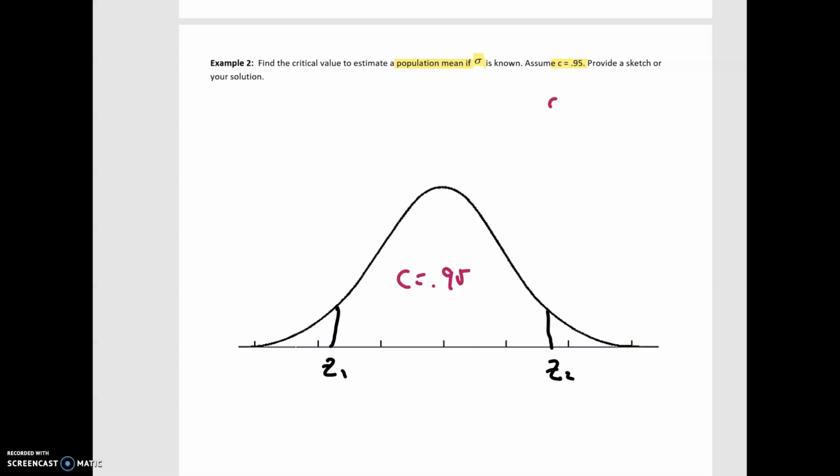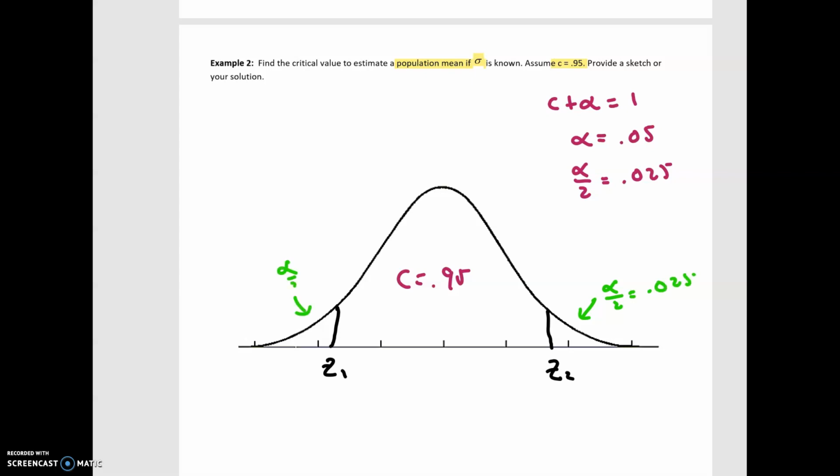So you're going to have that c plus alpha is equal to 1. Therefore, alpha is equal to 0.05. So alpha divided by 2 is equal to 0.025. Now, this 0.025 represents the area that's here. This is alpha divided by 2, 0.025.